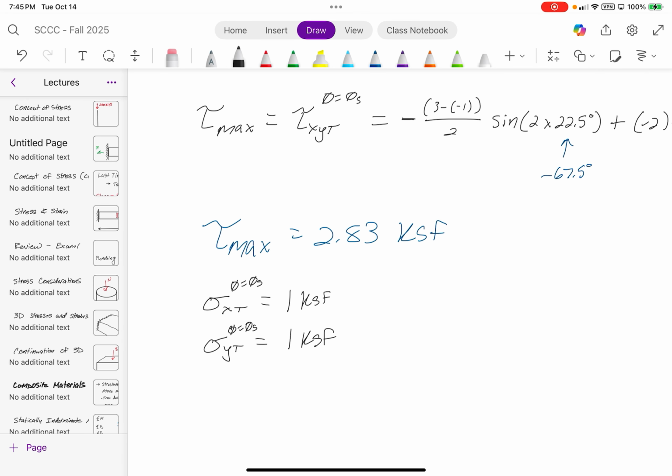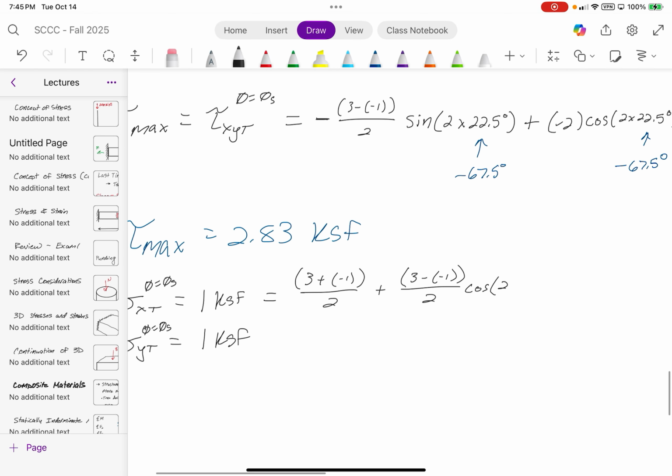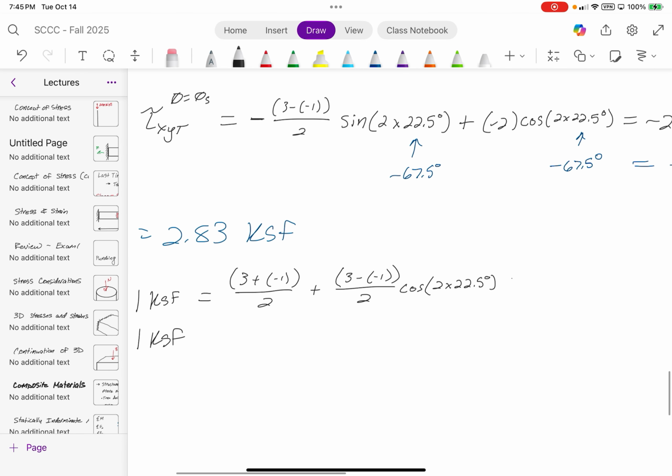Well, here's how we would get to that. You would use the sigma xt equation. So you have sigma x, which was 3, minus negative 1, plus negative 1, divided by 2, plus 3 minus negative 1, divided by 2, times cosine of 2 times 22.5 degrees, plus negative 2 sine of 2 times 22.5 degrees.